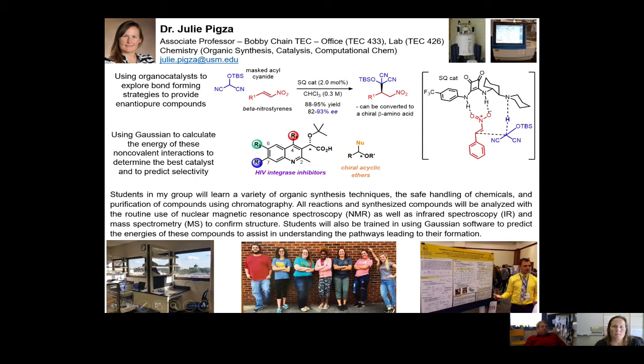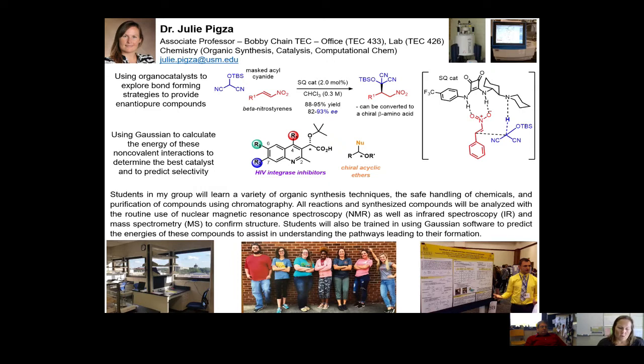The first strategy using organocatalyst: we want to form products that are enantiomers, meaning they have one specific orientation, and we use the term R or S to signify those two orientations.